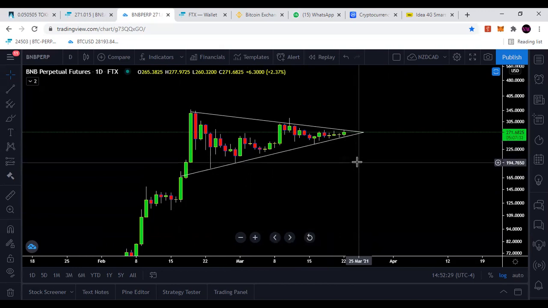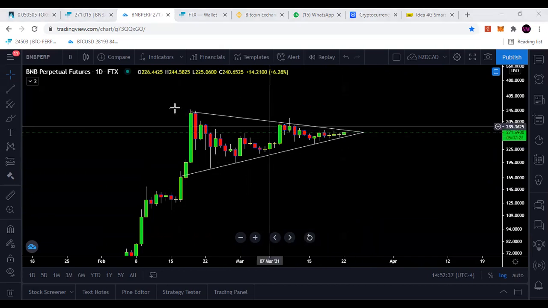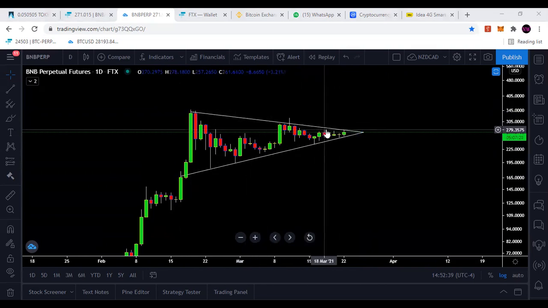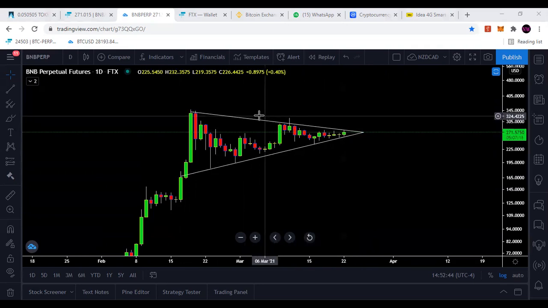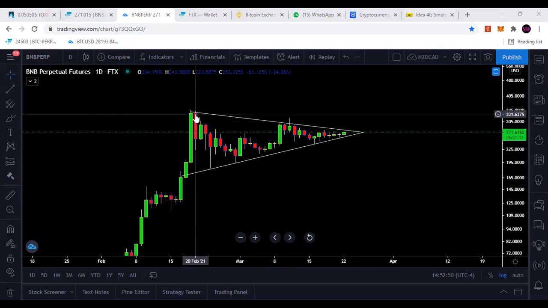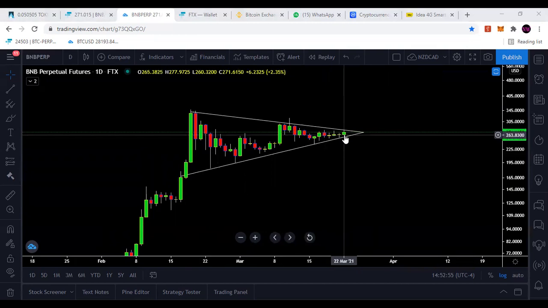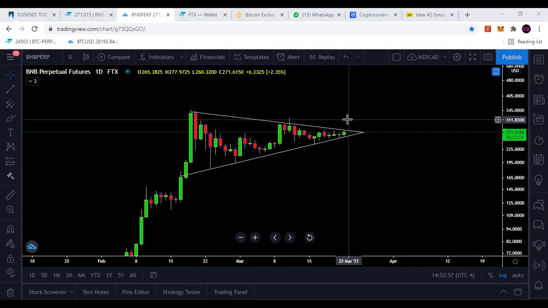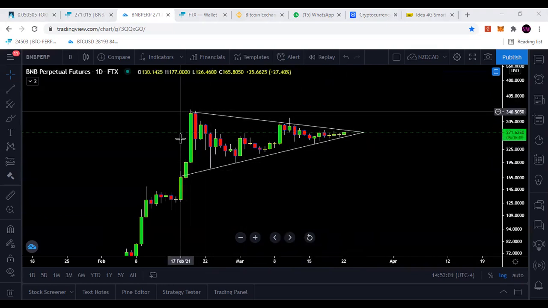What if the body of the candlestick closes above the downsloping resistance? It is telling you that this downsloping resistance has been violated and we're going to get a push to the upside. So that is about this symmetrical flag.